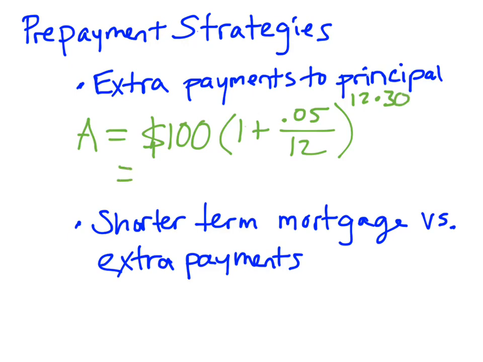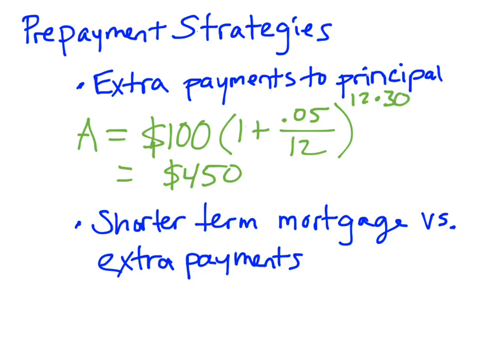So after 30 years, the $100 would grow to be about $450. All right, so by just making one extra payment of $100 during that first month, it saves you $450 over time, and then that would just double. So if you paid an extra $200, you'd save $900 over time, and so forth.